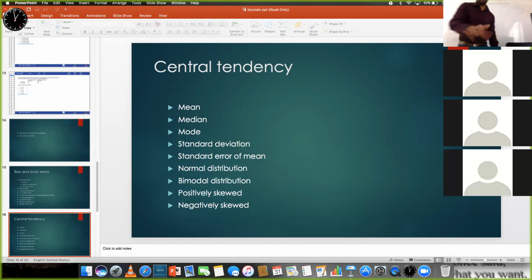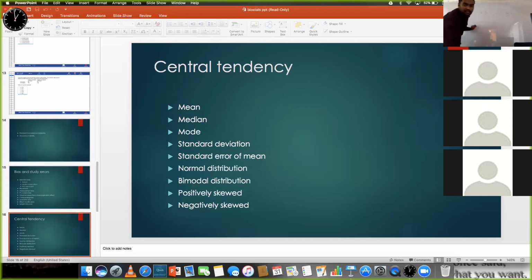You'll have an idea about mean, median, mode. So mean is the average, the arithmetic mean. You just simply add all the numbers and divide by the number of values you're adding. That is mean. Median is the central tendency. If you have, say, a few values: 4, 3, 2, 0, 1, 4, 5.